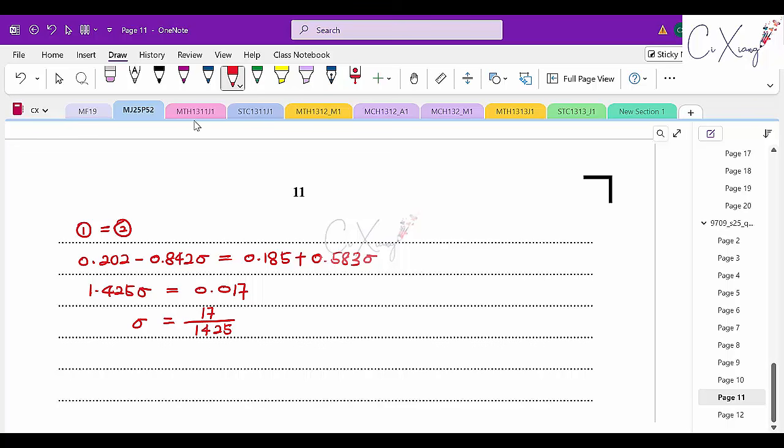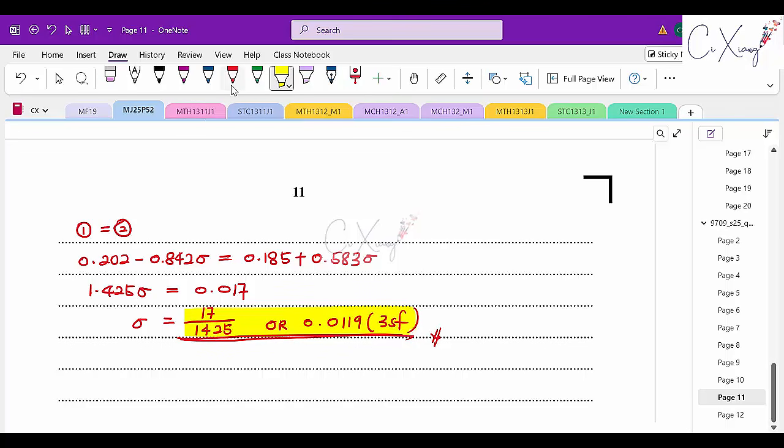Again, I will keep it in a fraction form. Sometimes students prefer to change it to a decimal number, then please make sure you keep it to 3 significant figures. For me personally, I will keep it in the fraction form. Do you know why? Because later I still need to use this fraction to calculate the mu.